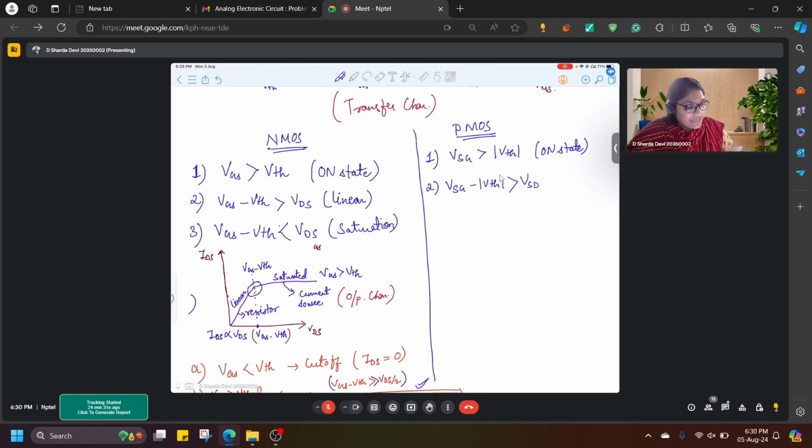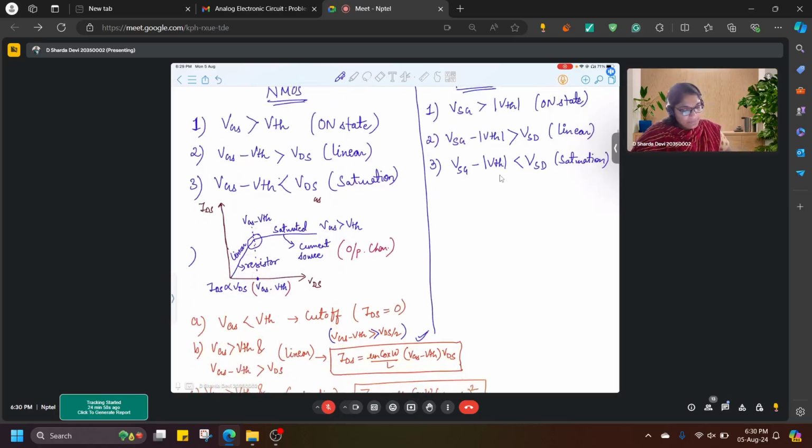Please pay attention, I have interchanged: earlier it was DS in case of NMOS, now it is SD, okay? So this is the case for linear, and third, VSG minus mod VTH should be less than VSD.